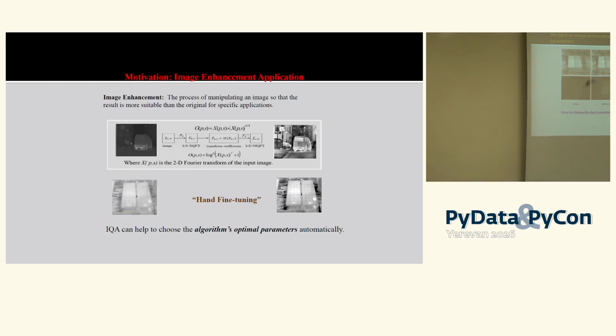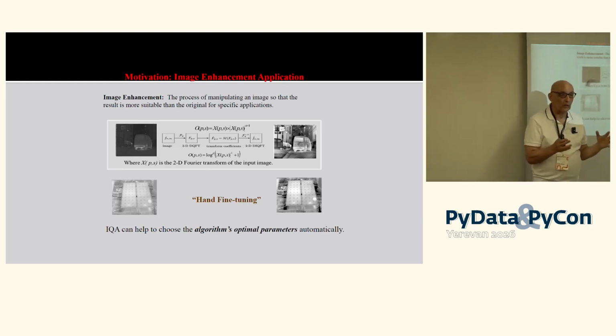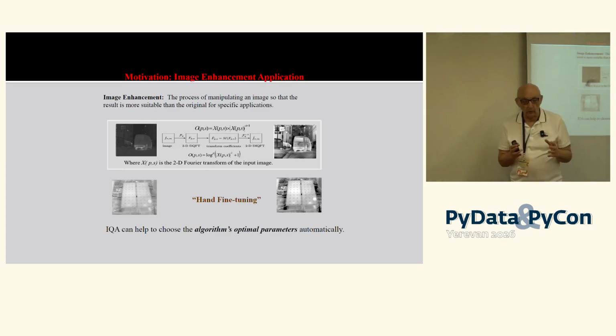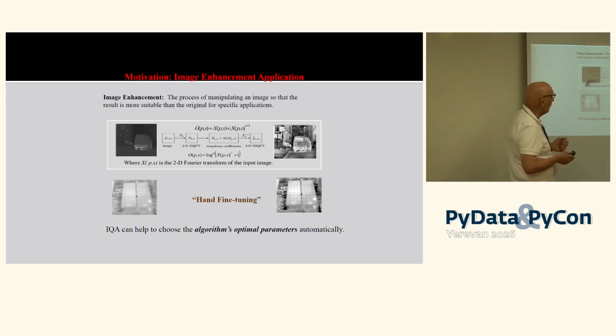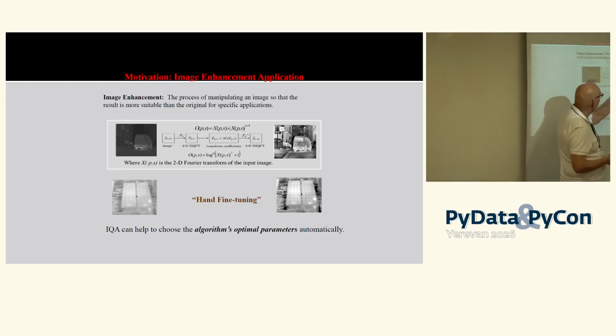Now I will give you another example, a simple algorithm, which will show this. Let's say you have this image, and then you do the so-called Fourier transform. What is the Fourier transform? It is the representation of an image by a combination of sine and cosine functions, and these are the coefficients.